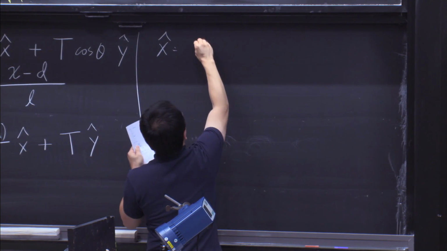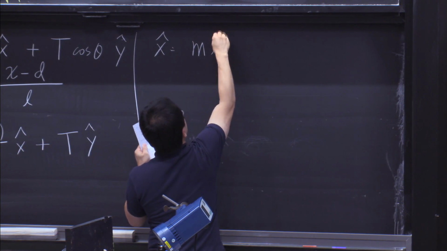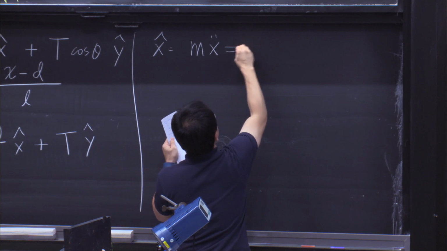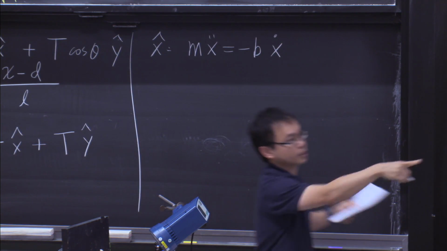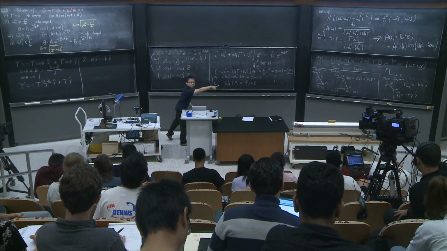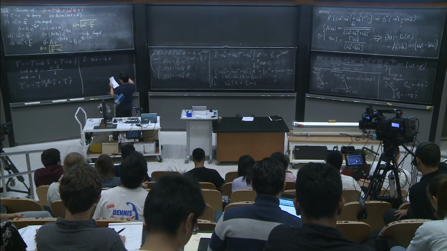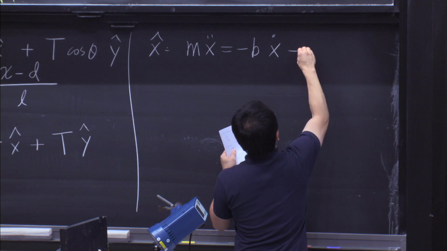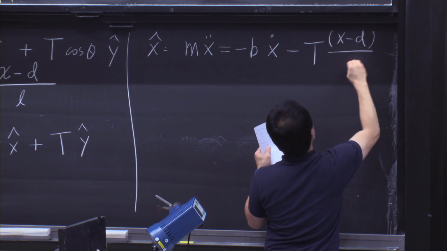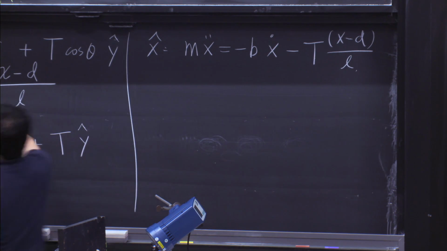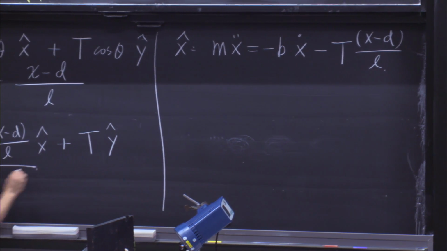Basically, you will have m x double dot equal to minus b x dot, which is coming from the drag force, minus T times (x minus d) divided by L. This is coming from this term in the x direction.